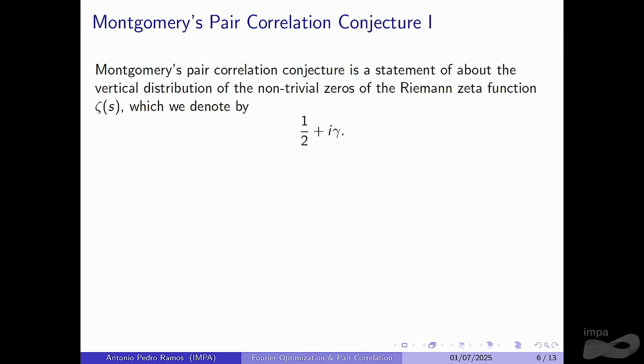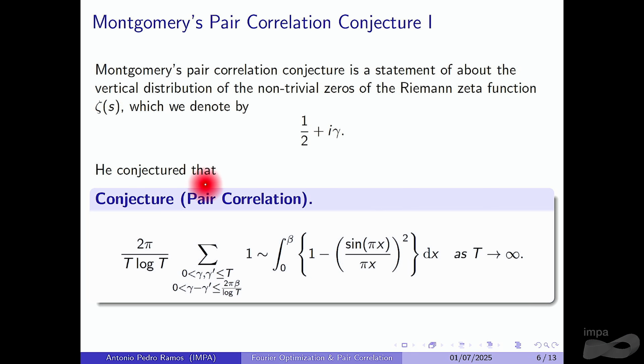So imagine a typical zero of the Riemann zeta function under the Riemann hypothesis. The real coordinate is 1/2 plus i gamma, gamma being the interesting part here, the ordinate. And he conjectured a fact about the distribution of the pairs of zeros.